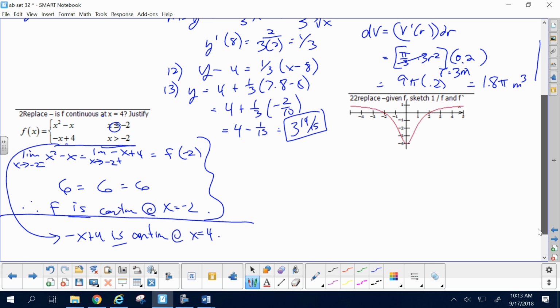All right, 22. Given f, sketch 1 over f, and then f prime. 1 over f is the idea that where this guy is 0, we'll have 1 over 0 for the reciprocal, so vertical asymptotes at -2 and 2. On this side, these are positive values, so the reciprocal will also be positive values.